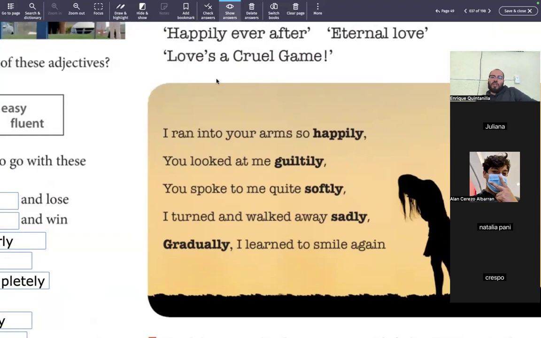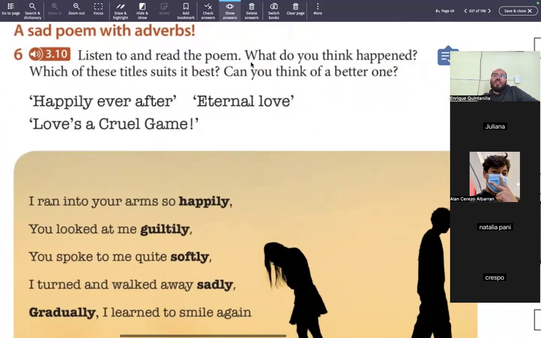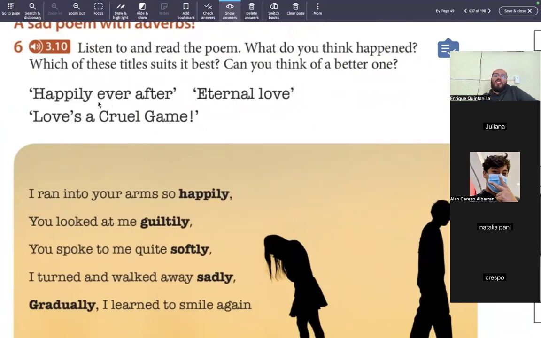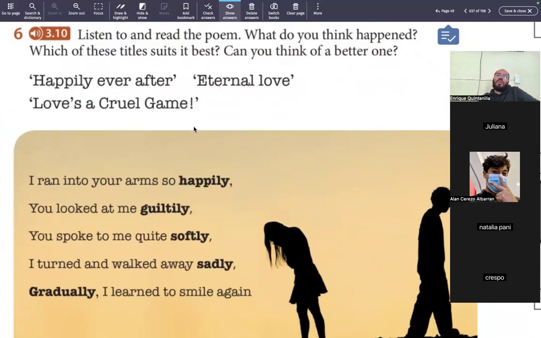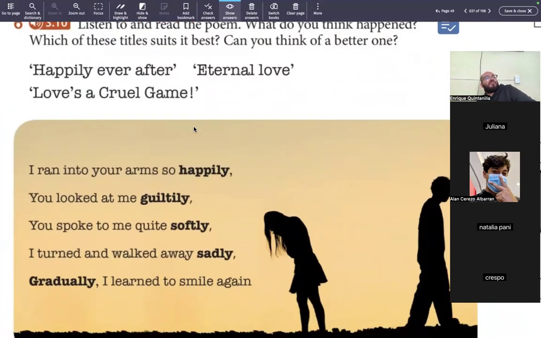As you can see, the adverbs are used to put more emphasis and to create an interesting story. So what could be the title for this poem? Happily ever after, eternal love, or love is a cruel game?